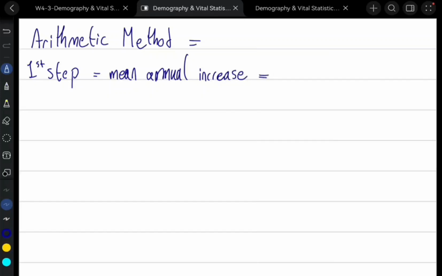I will just write here, second census minus first census over second census year minus first census year.